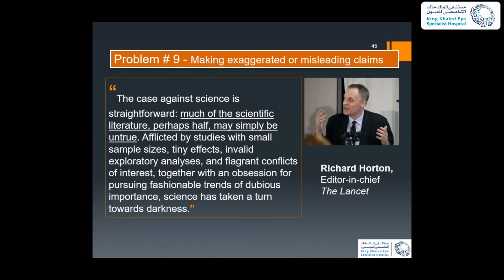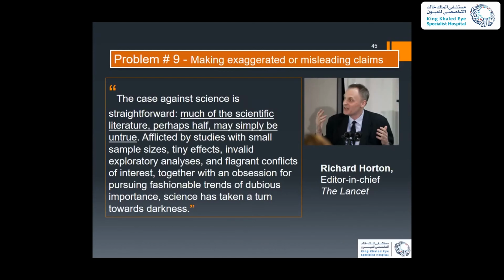And he said, the case against science is straightforward: much of the scientific literature, perhaps half, may simply be untrue. Afflicted by studies with small sample sizes, tiny effects, invalid exploratory analyses, and flagrant conflicts of interest, together with an obsession for pursuing fashionable trends of dubious importance, science has taken a turn towards darkness.